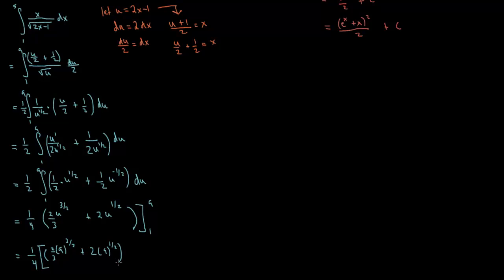That is capital F evaluated at 9, minus capital F evaluated at 1. So 2/3 times 1 to the 3/2 power plus 2 times 1 to the 1/2 power. So that is capital F evaluated at 1. So use lots of parentheses and be careful.